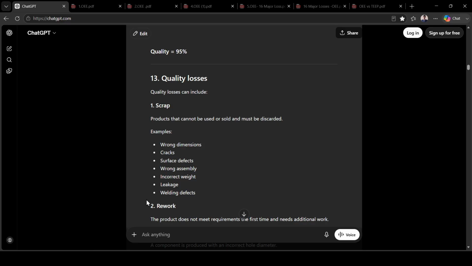Examples are wrong dimensions, cracks, surface defects, wrong assembly, incorrect weight, leakage, and welding defects.